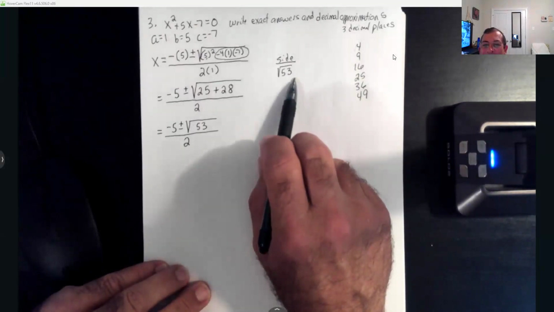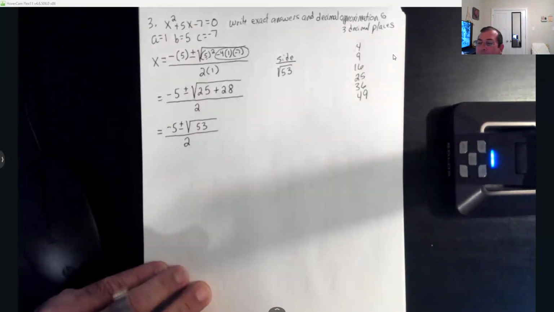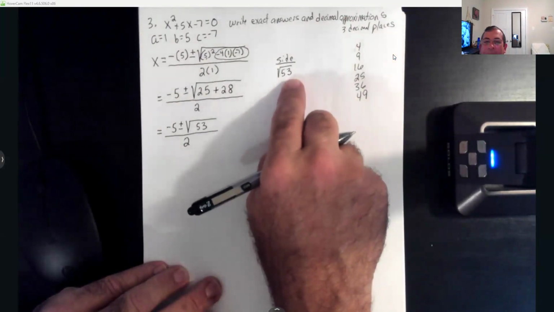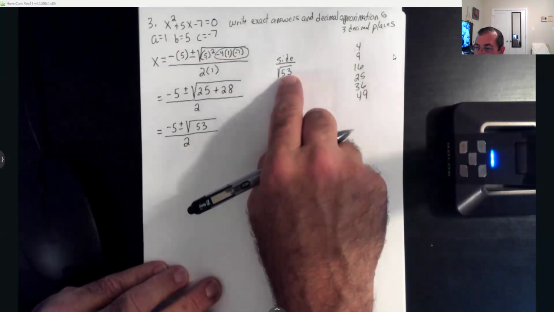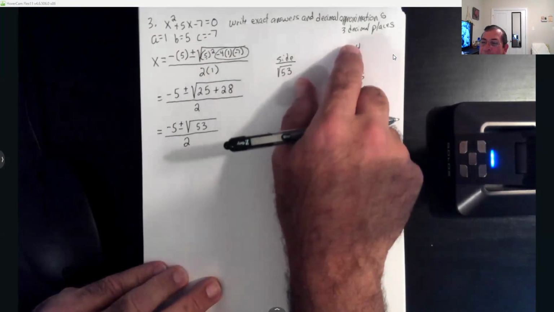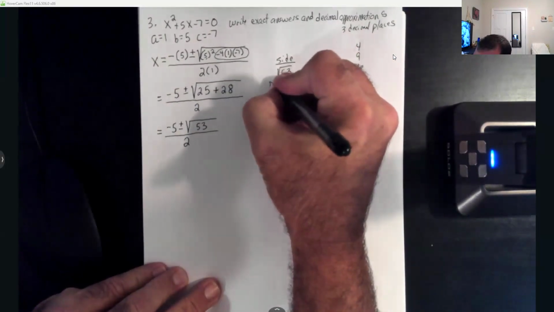So the question is, are any of these perfect squares a factor of 53? And y'all guess what? 53 is a prime number. So this 53 does not have any of these factors. So this does not simplify.